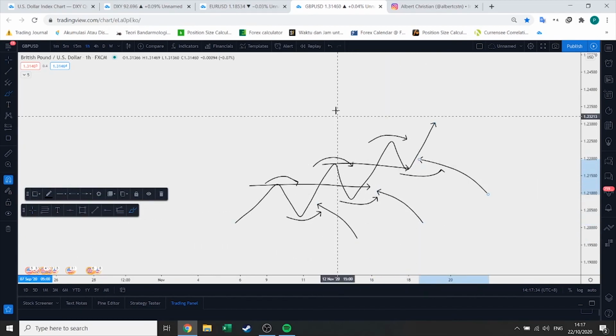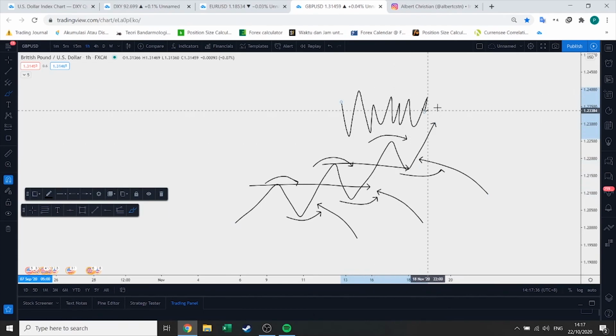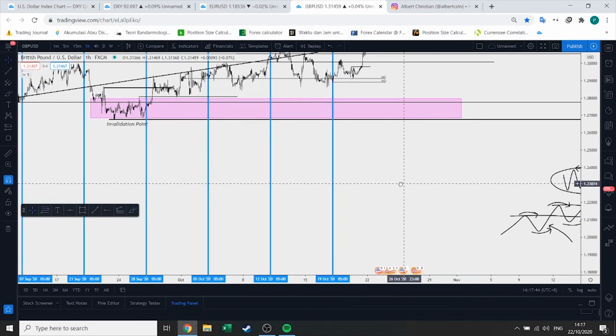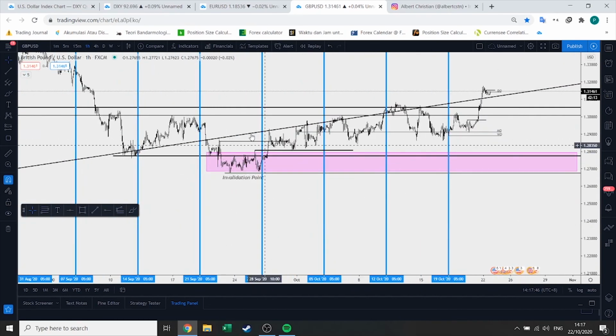Whereas market makers need to create a certain condition so they can accumulate price, because they're using a huge lot size. They need to make a scenario where retailers view this as double tops, trend line broke. So in their mind, it sells.